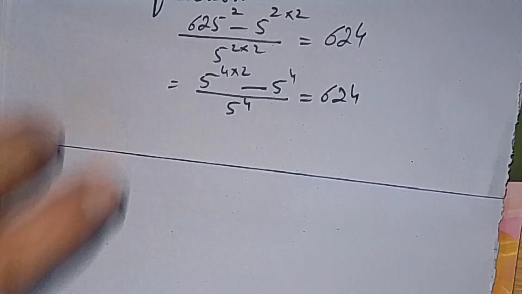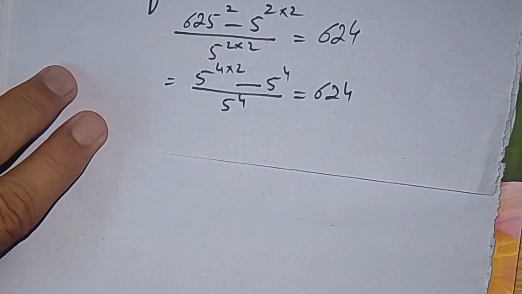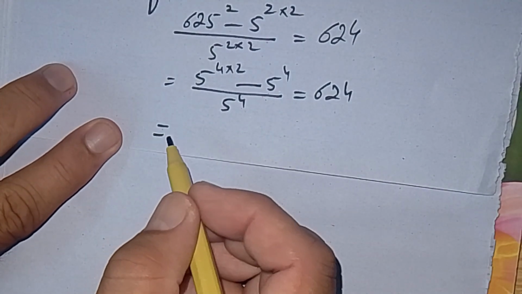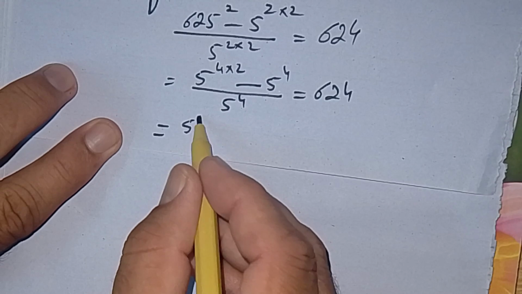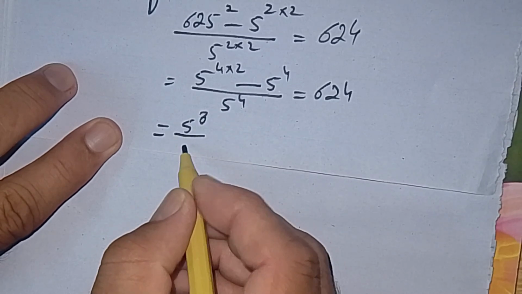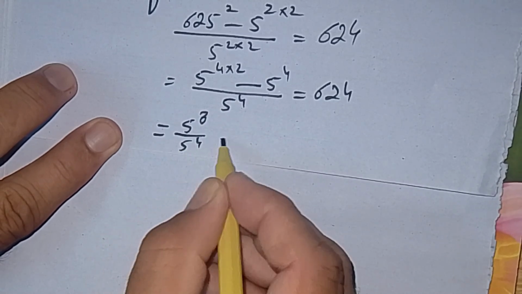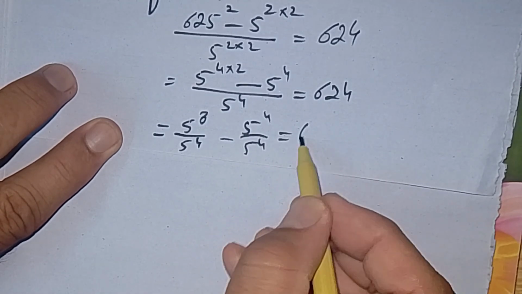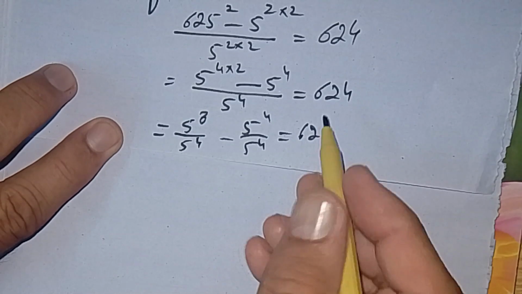Now this is equal to 5 raised to the power 8 over 5 raised to the power 4, minus 5 raised to the power 4 over 5 raised to the power 4 is equal to 624.